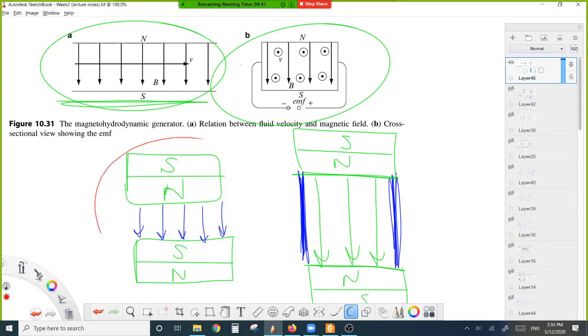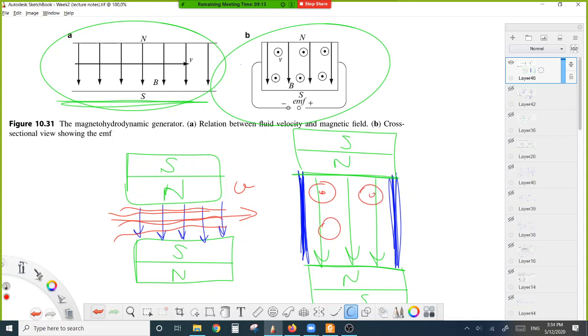In the first case, fluid was flowing in this direction, V. Fluid is flowing between two magnets in the magnetohydrodynamic channel. And in the side view, fluid is flowing towards us.